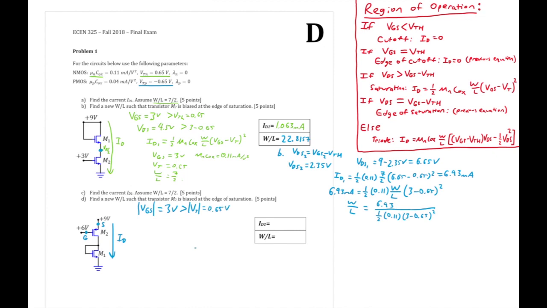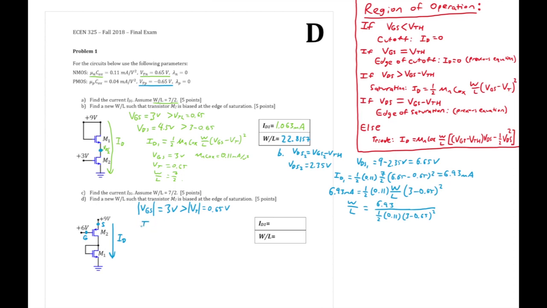So we know we are not in the cutoff or the edge of cutoff region. Next, let's assume we are in the saturation region. If our equations work out, then that means we really are in the saturation region. If not, then one or both of our transistors are in the triode region.